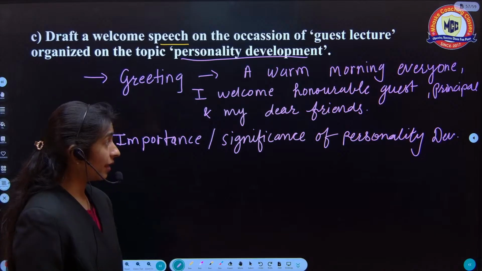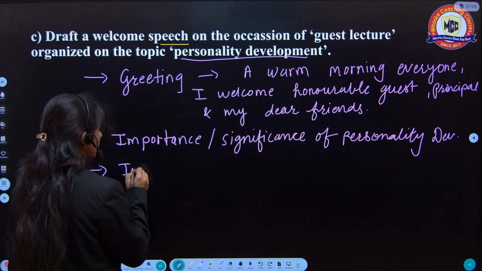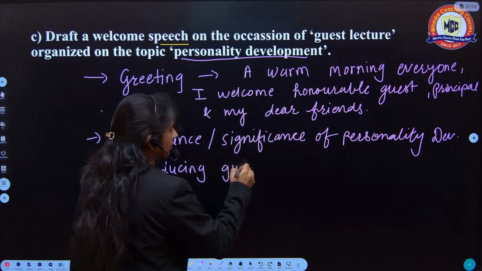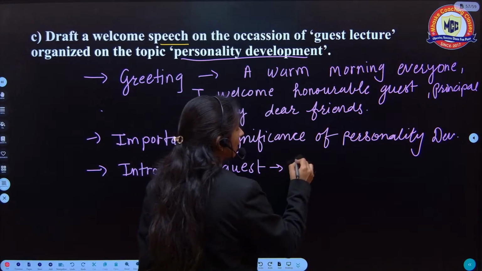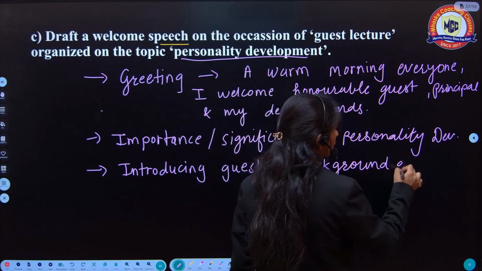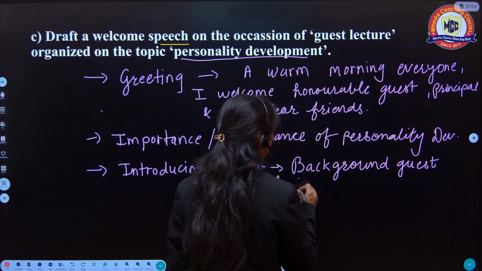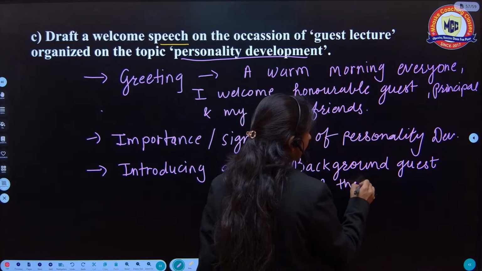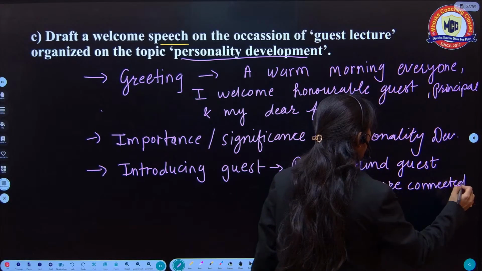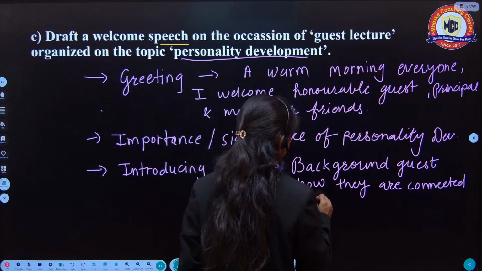And then after that sentence, you are going to make sure that you are introducing your guest. Here you will just say the background of the guest and how they are connected with personality development training.